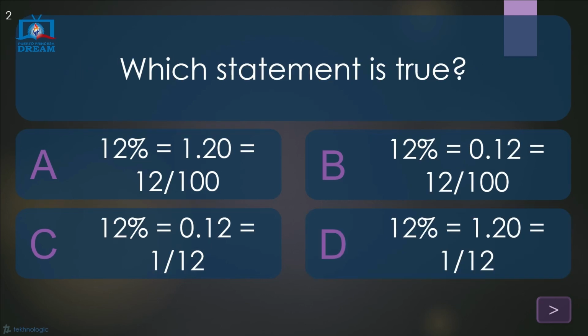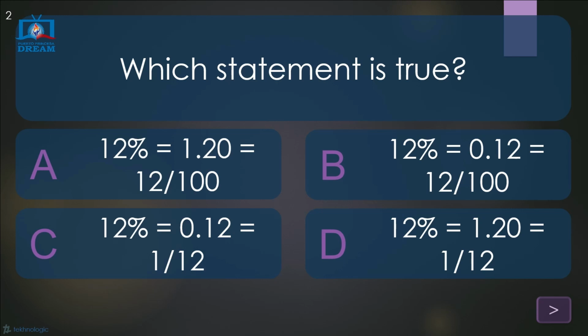Number 2. Which statement is true? A. 12% is equal to 1.20 is equal to 12 over 100. B. 12% is equal to 0.12 is equal to 12 over 100. C. 12% is equal to 0.12 is equal to 1 over 12.